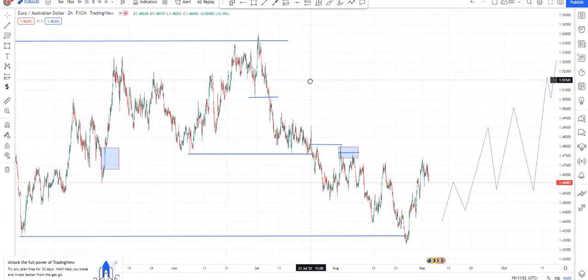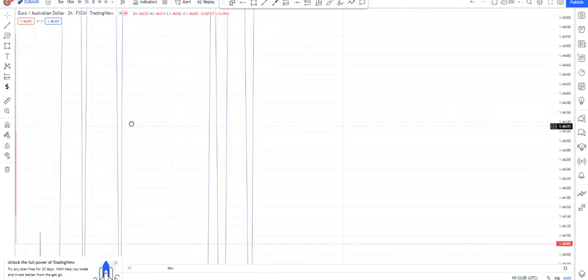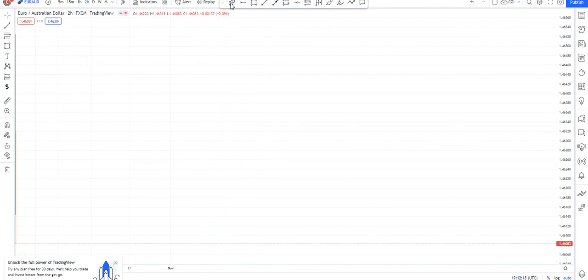So the weak lows are basically the opposite of that. A weak low doesn't mitigate previous ranges. It doesn't mitigate previous ranges. So let me say we have some sort of price movement.